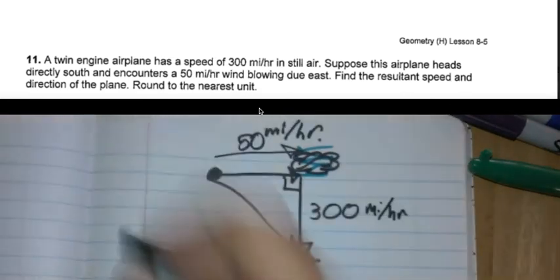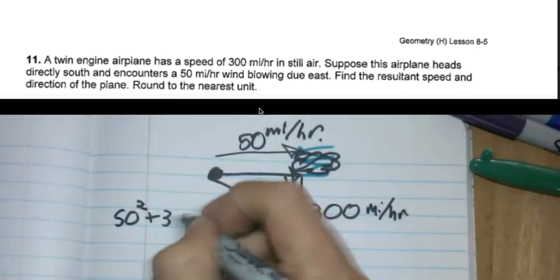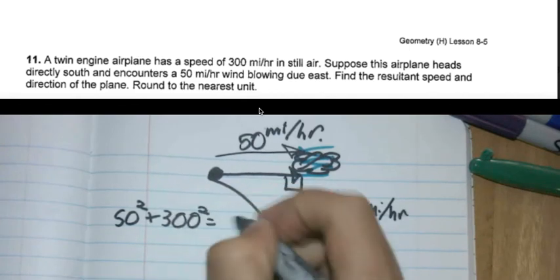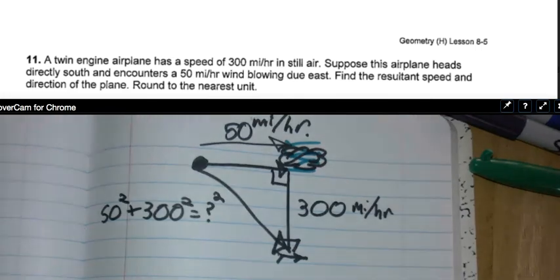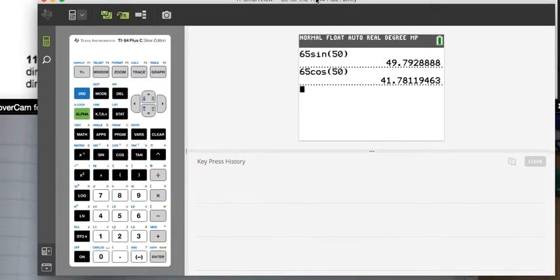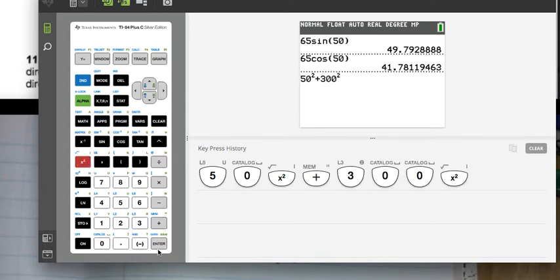All right, so we'll need Pythagorean theorem. So 50 squared plus 300 squared equals our hypotenuse squared. Let the calculator take care of this work. So we've got 50 squared plus 300 squared. I'm not too curious what that number is.